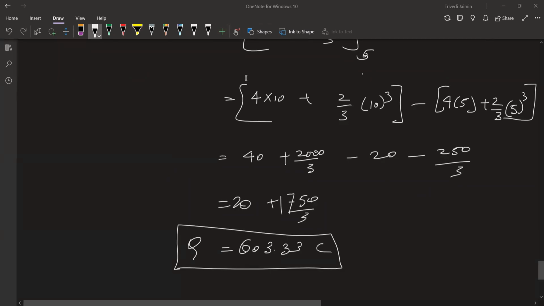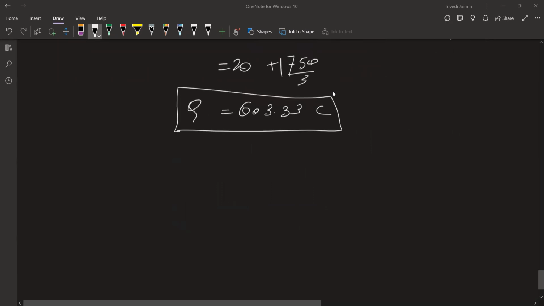Divya, you also got 603, right? Yes, sir, 603. Any other? Sir, I also got 603, sir. Okay, super. So let's fix this. That means the book answer is correct.